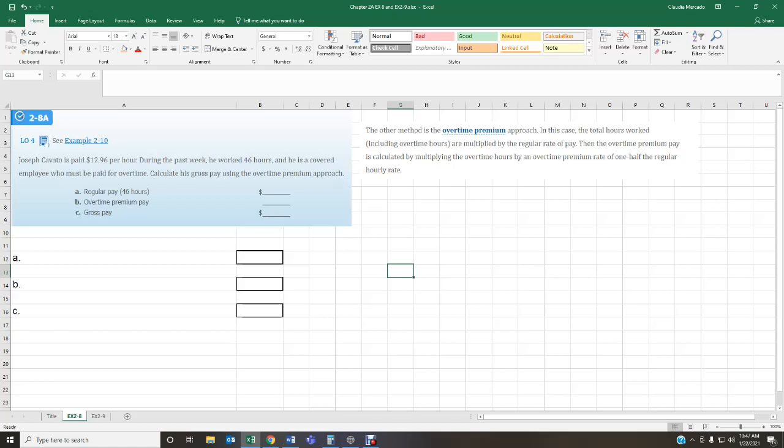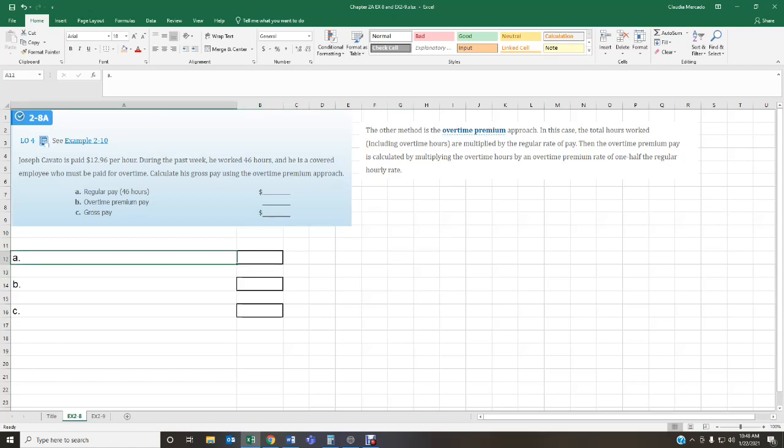When we use this method, we get the total hours worked, including overtime hours, and multiply it by the regular rate of pay. And then the overtime premium pay is calculated by multiplying the overtime hours by an overtime premium rate of 1/2 the regular hourly rate. So what does all that mean?